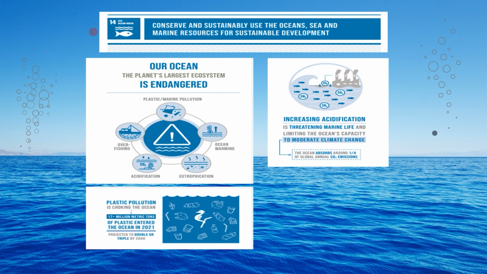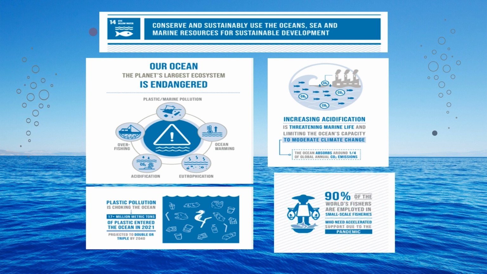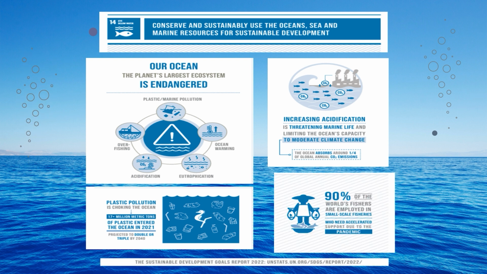When the ecosystem is slowly degrading, that has a direct impact on the communities that depend on it. For example, 90% of the world's fishers are employed at small scale level. So the threatening degradation happening in the ocean has a direct impact on the livelihood of those fishermen.